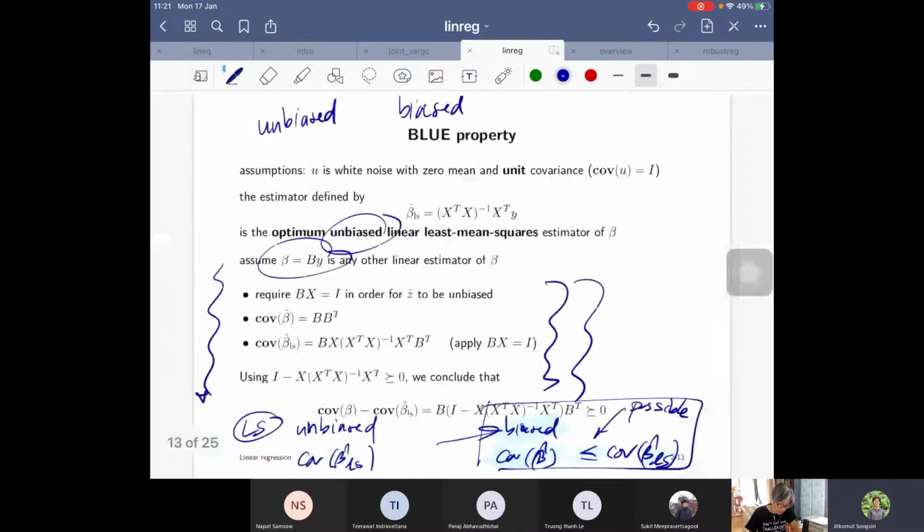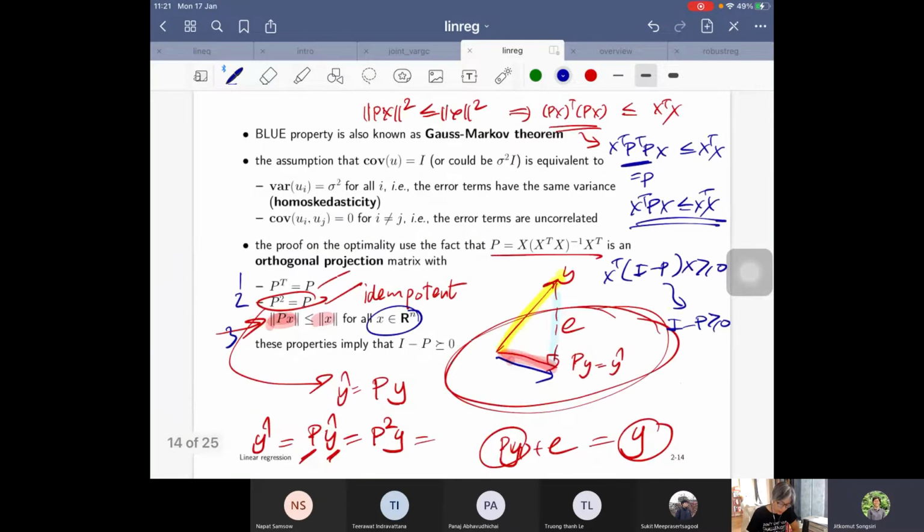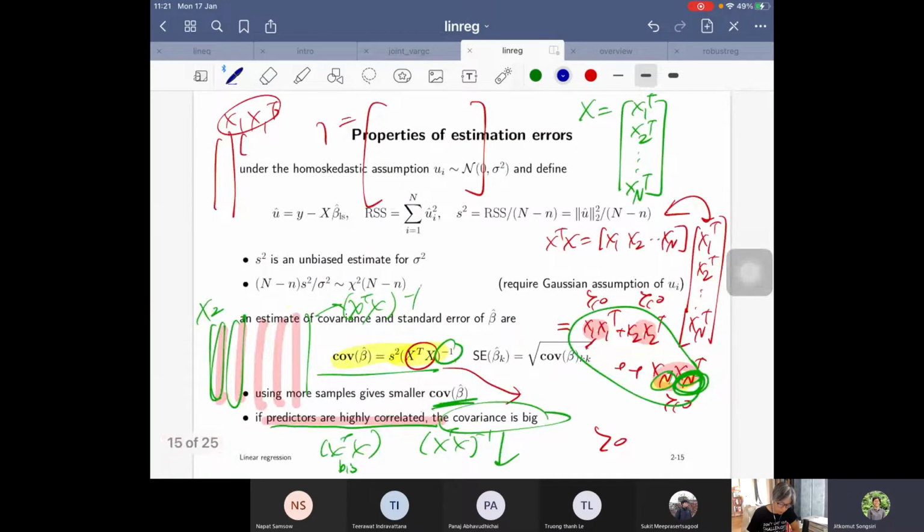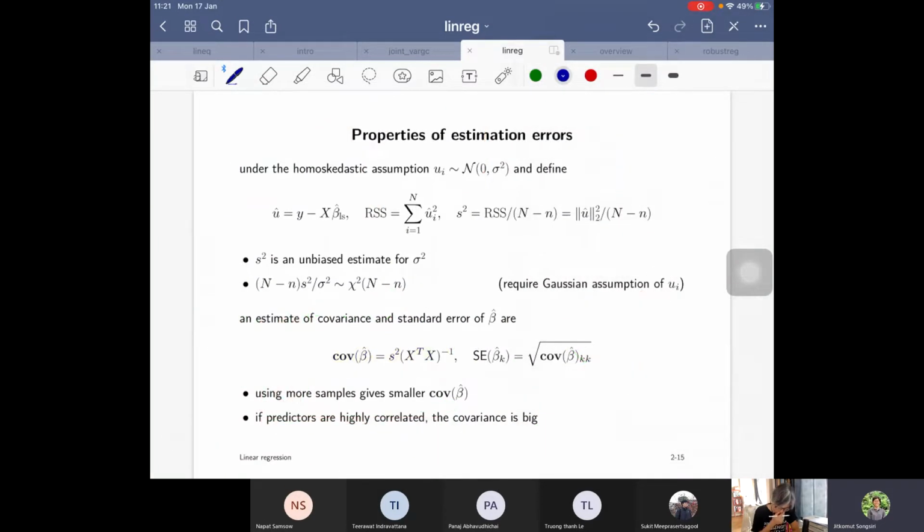I think last time I skipped this proof, but of course, the concept is very, very important. Now I would like to mention that the result we saw on this page last time requires some exercise to prove as well, because it is based on the result for the covariance of beta hat.